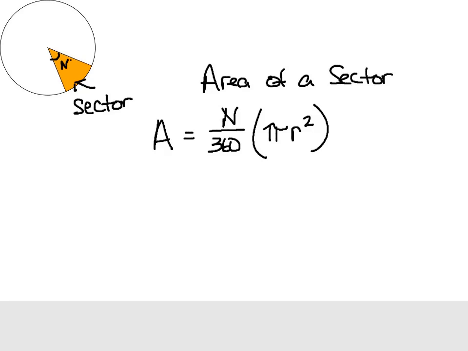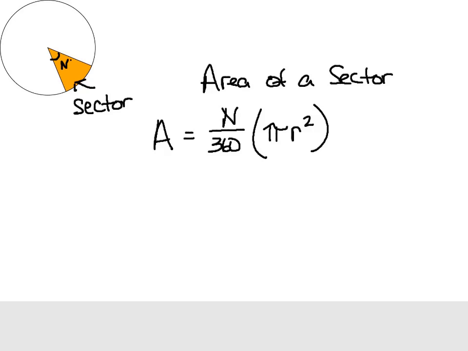It's shaded in orange, and what they will give you is a central angle, and I've marked it at n degrees. So to find the area of a sector, here's your formula. Area equals n divided by 360, out of the 360 degrees of the entire circle. Okay, so n over 360 times pi r squared.